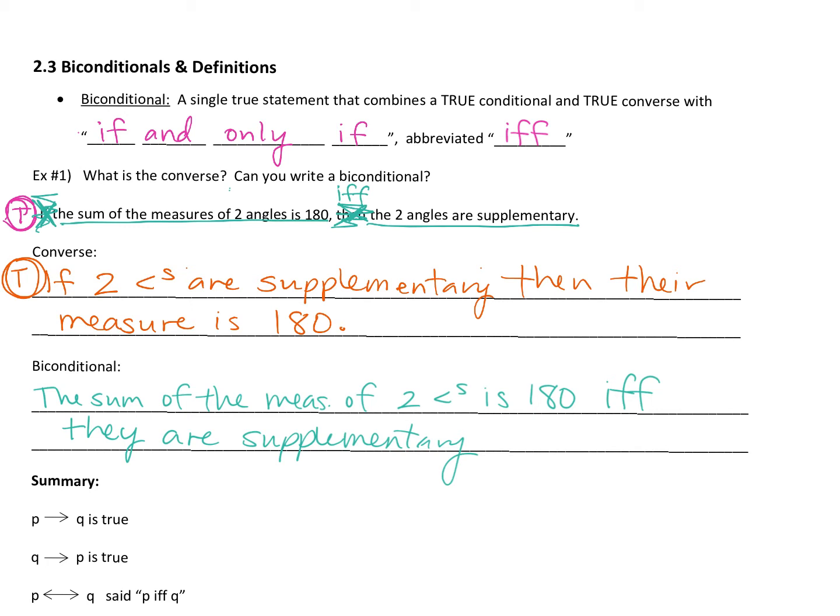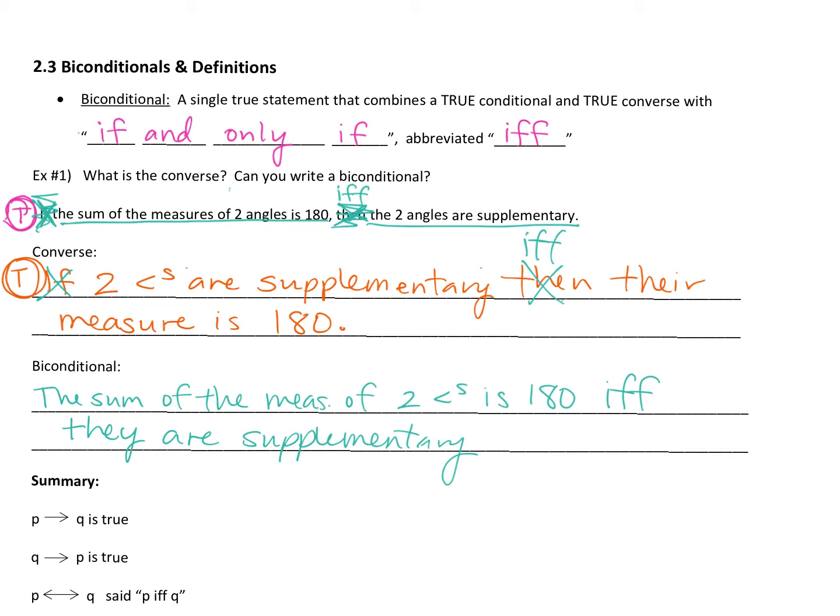Now, because the statement's true both ways, you could take the converse, take out the if, take out the then, put in the if and only if, and it's still true, okay? So I don't care if you do it from the conditional or from the converse because they are both true. I prefer the conditional, just because then we're consistent, but it really doesn't matter.